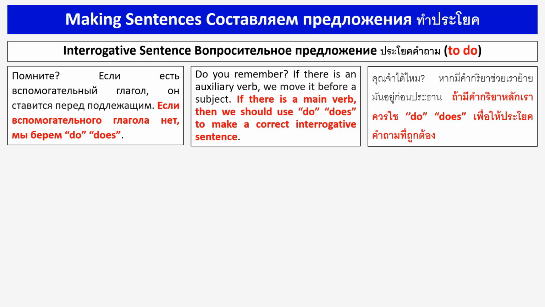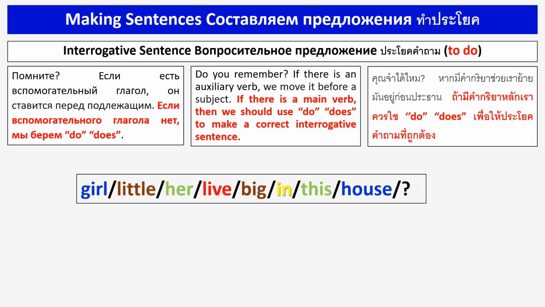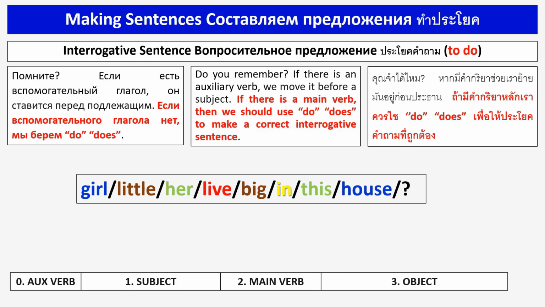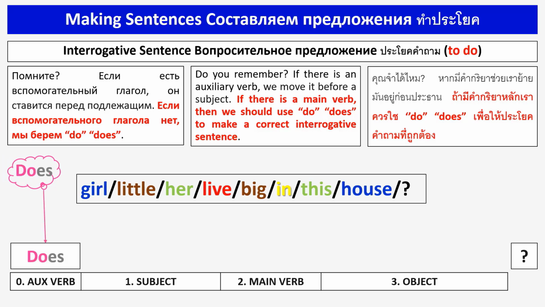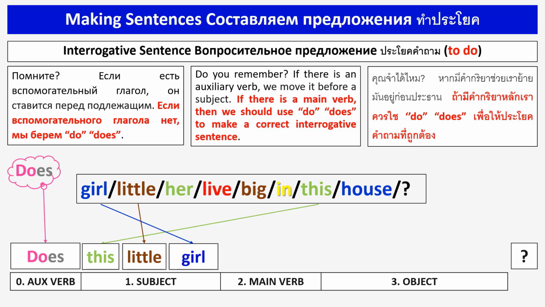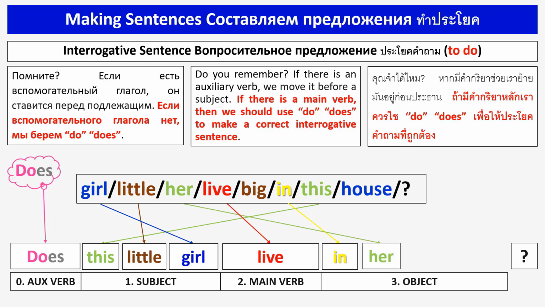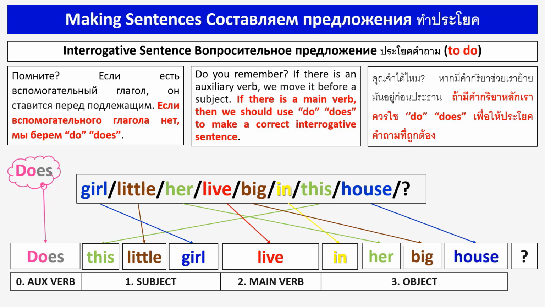If there is a main verb, then we should use do, does, to make a correct interrogative sentence. Does this little girl live in her big house?